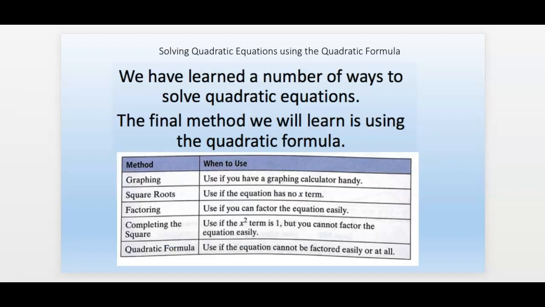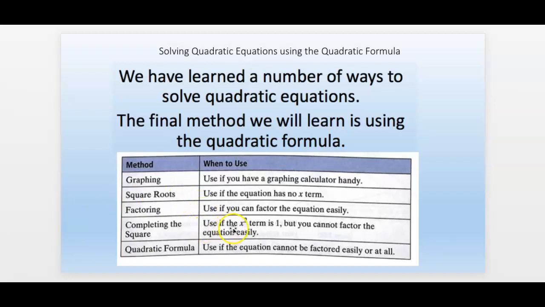Now, we've looked at a number of methods in solving quadratic equations. We graphed it; if you have decimals available, it might be an easy graph. We can take square roots; that's if it has no x term. Factoring is a pretty easy way to solve a quadratic equation if it's easy to factor.